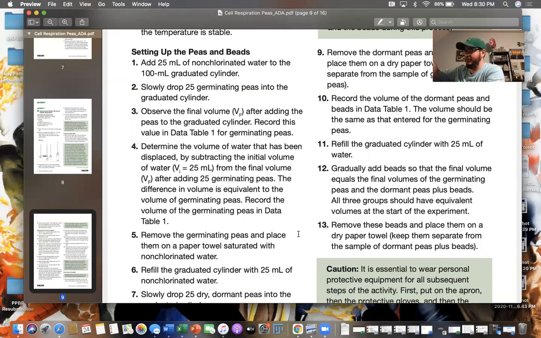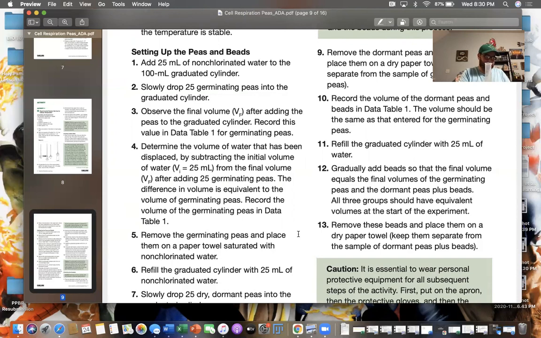And I'm just doing this over my water bath so that I don't spill water all over my table and laptop. That would be fun. Okay. 25 milliliters, slowly drop 25 germinating peas into the graduated cylinder.